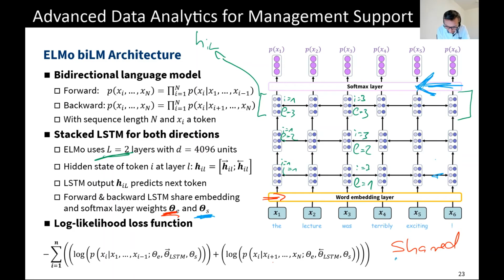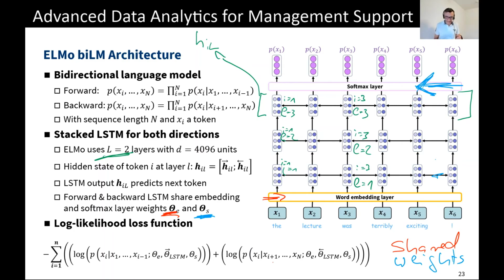I'm feeling a little bit playful tonight. Shared weights. By shared, I mean they are shared between the forward path and the backward path. If you imagine these paths as individual LSTMs, then they both use the same weights in the softmax layer and in the embedding layers. Whereas for the proper LSTM layers, the weights are not shared. The forward and the backward LSTM have their own weights.